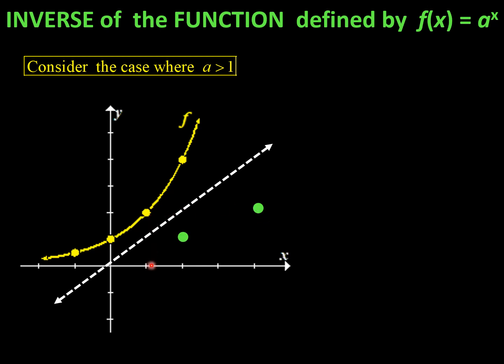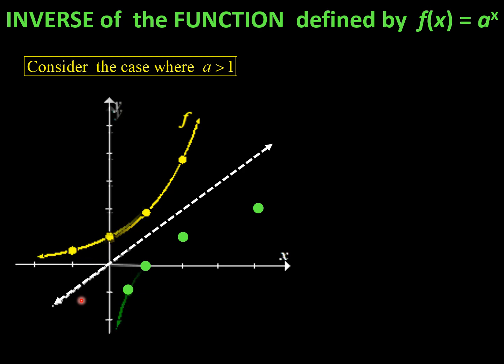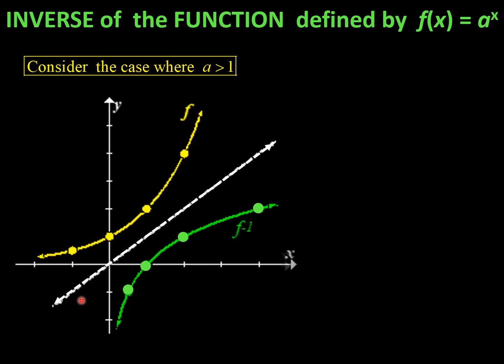This one here is 1 and 2, and there we have 2 and 1. And this one 0 and 1, so we have 1 and 0. You can see that's on the y-intercept. This becomes an x-intercept. And this is negative 1 and a half, and then we plot that half and negative 1. And if we join those points, there we have the inverse curve there.